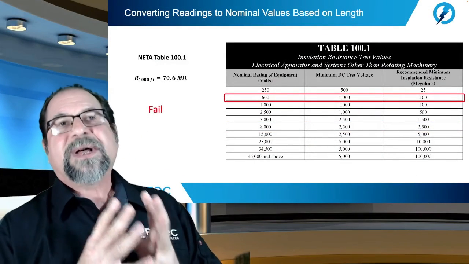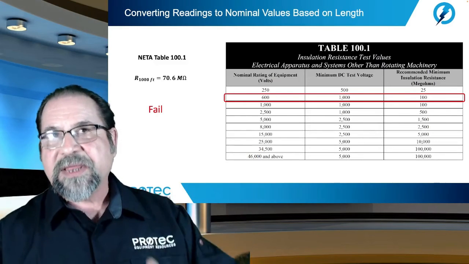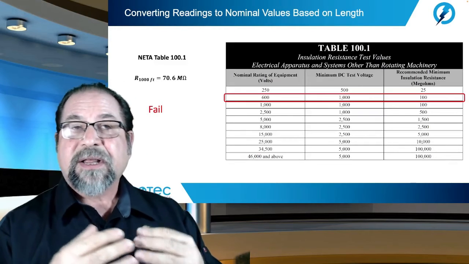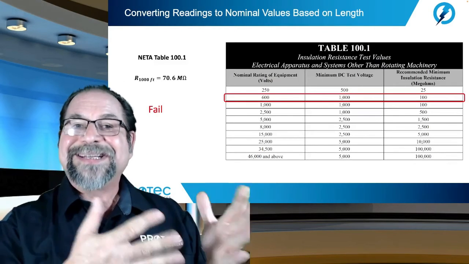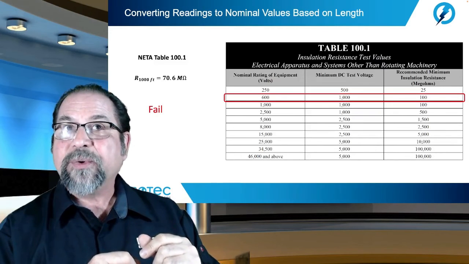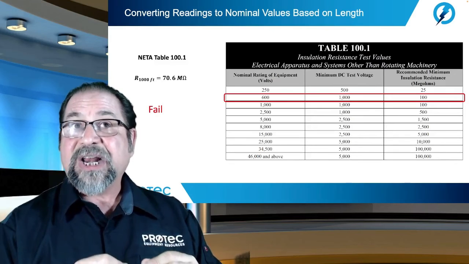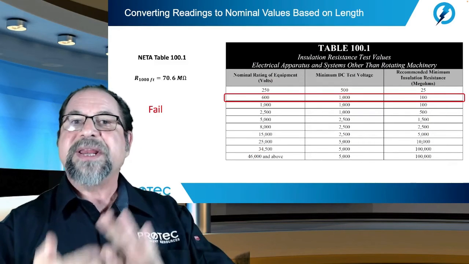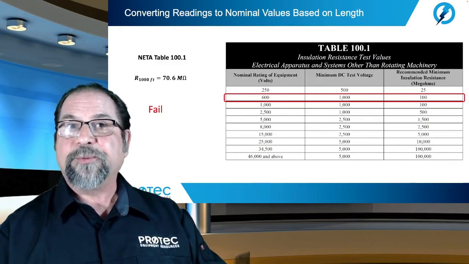So the point that we're really trying to emphasize here is when dealing with the busway systems, as they become assembled and grow in length, we always have to take into consideration what is the length before rendering what is the insulation resistance value. Again, table 100.1 in the standard is based on 1,000 foot lengths. So we need to correct for that in our measured value.